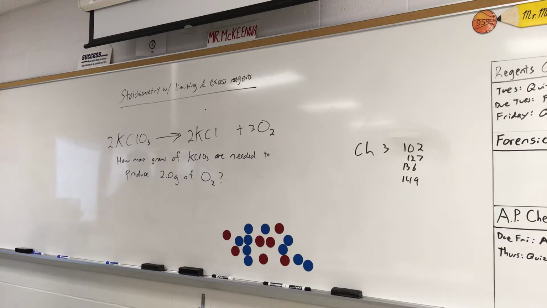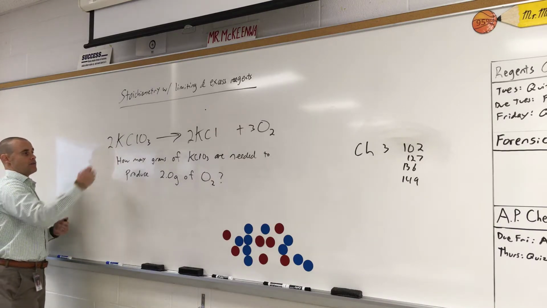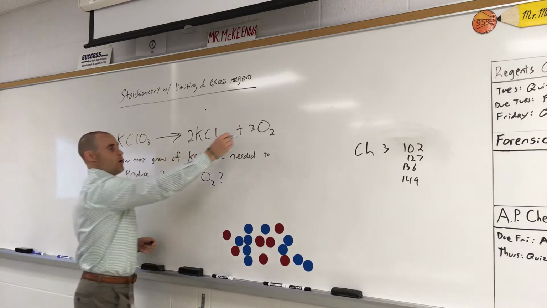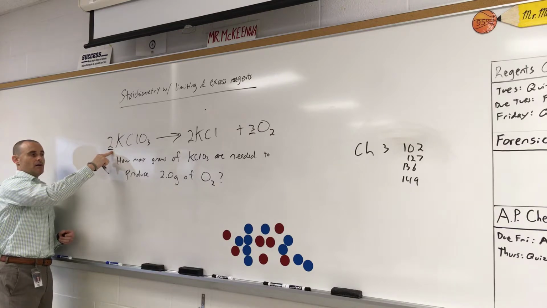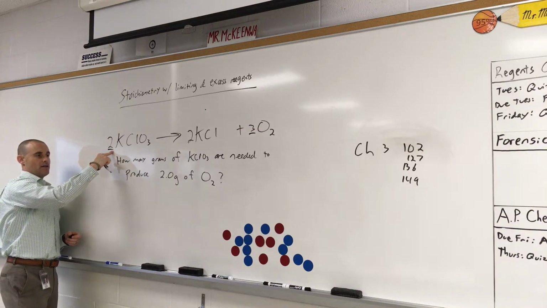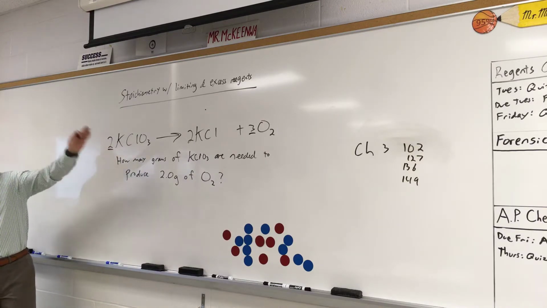You cannot use grams in a mole ratio, so you're going to have to turn the 2 grams of O2 into moles first, because you have a 2 to 3 ratio. What that means is I need 2 moles of potassium chlorate to produce 3 moles of oxygen. So I know I need 2 moles to make 3 moles.